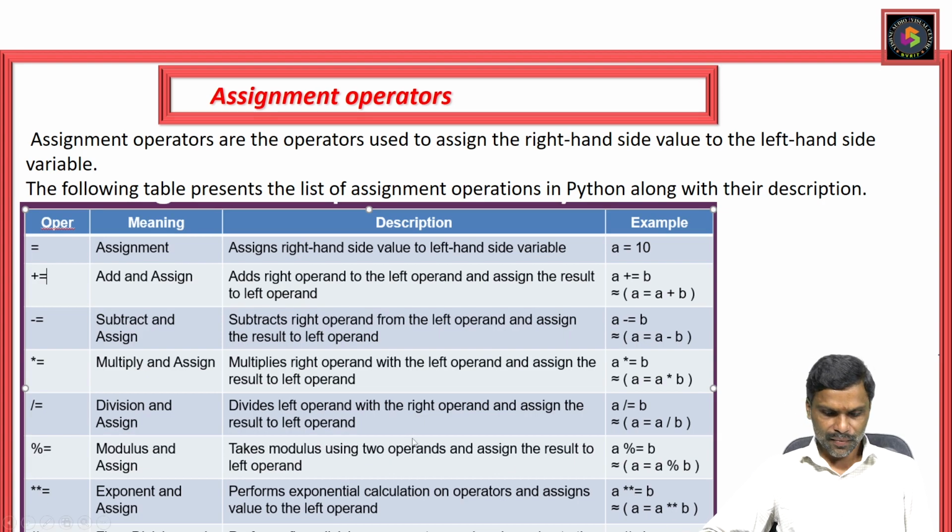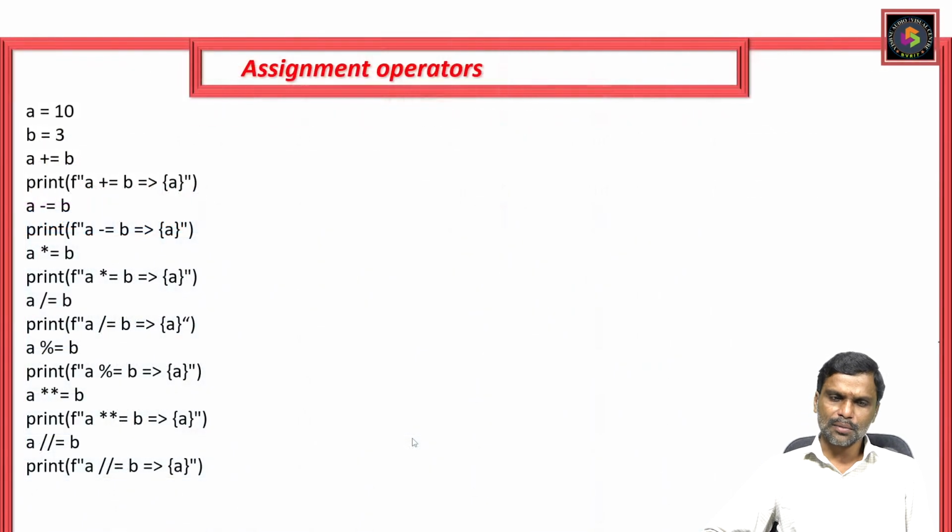That is the meaning. Here in this case also I have given a simple example you can see here. A is equal to 10, B is equal to 3. What we discussed, the same result, the same output will appear here. A plus equal to B means A is equal to A plus B, it will calculate.